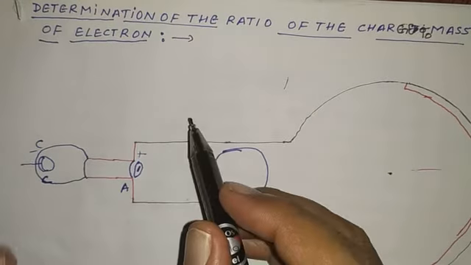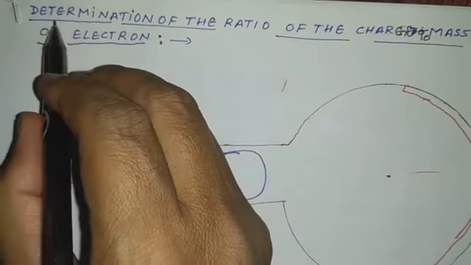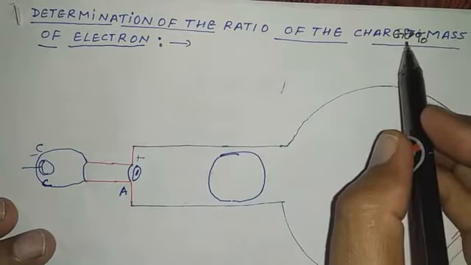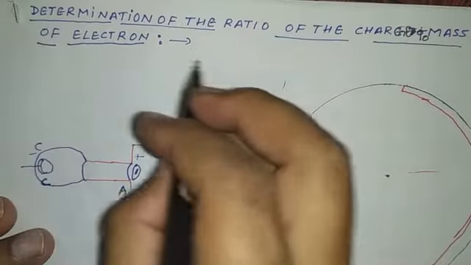Hello, we are going to see today the determination of the ratio of the charge per unit mass of an electron.